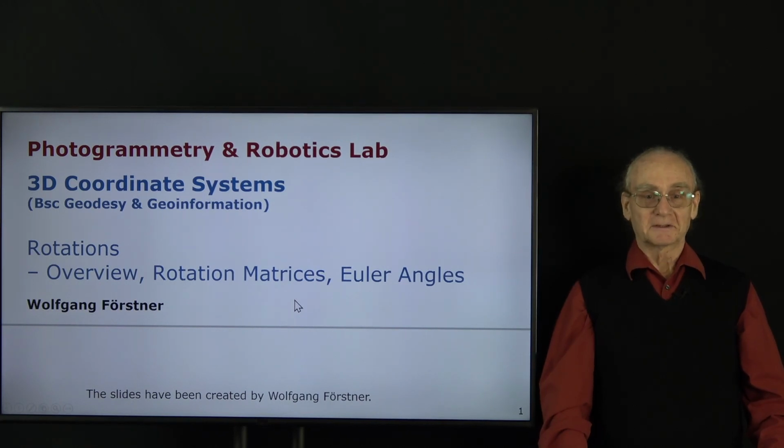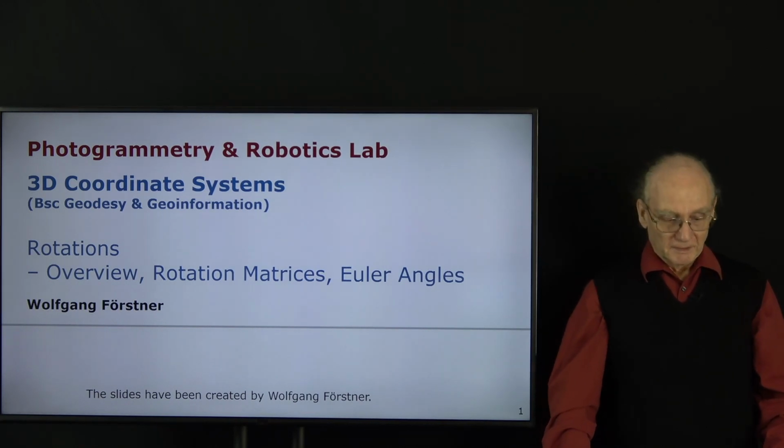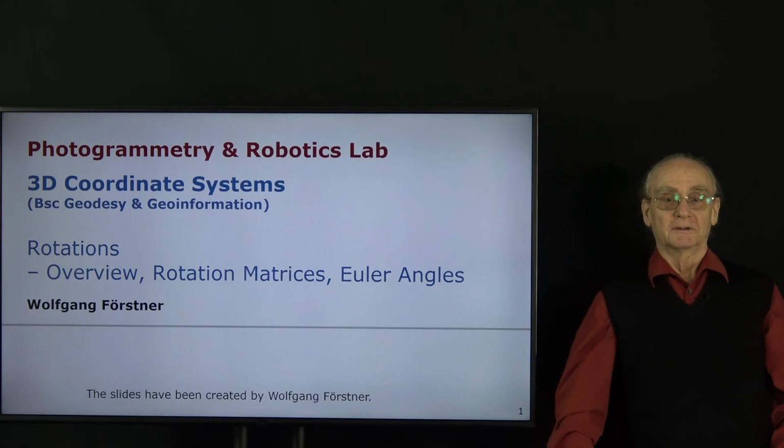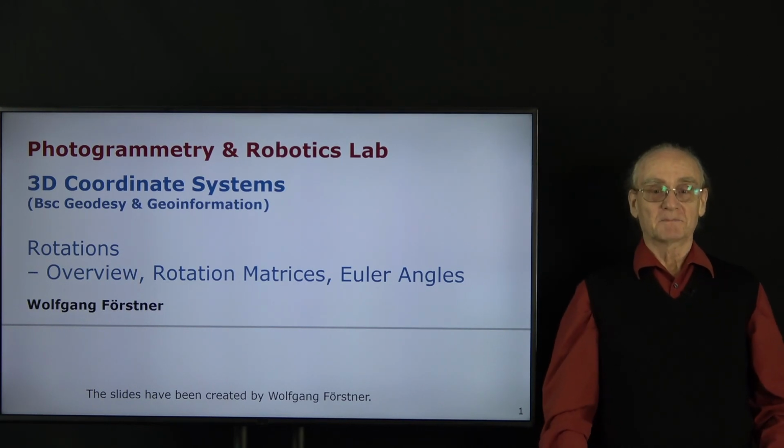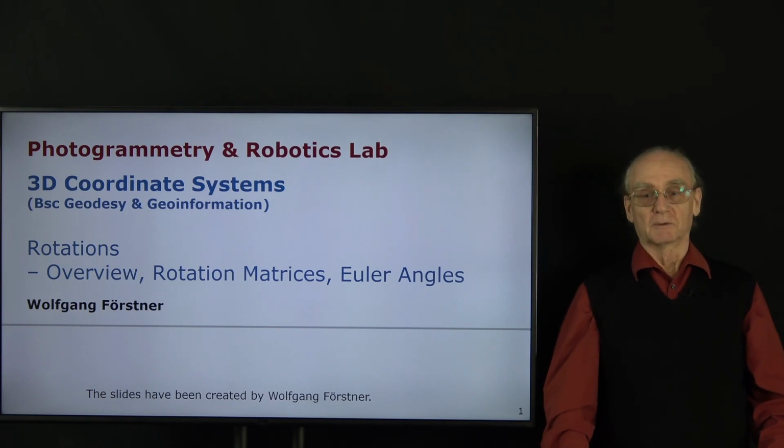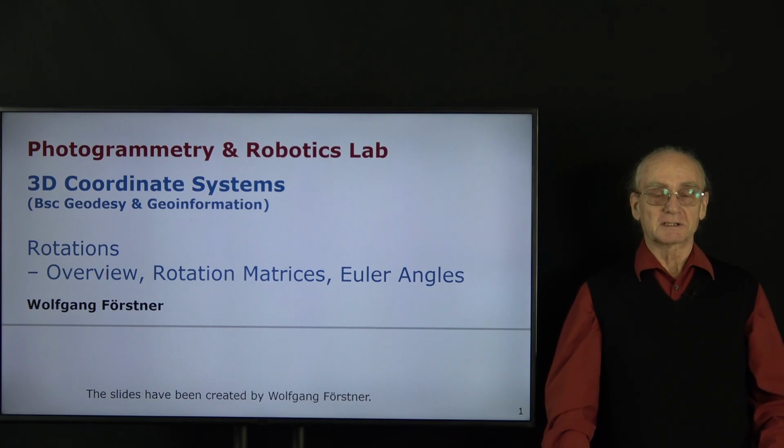Hi all together. This is the third lecture on 3D coordinate systems. In the last lectures we have looked into two-dimensional motions and looked for concatenations and representations, and we will now start with three-dimensional transformations.